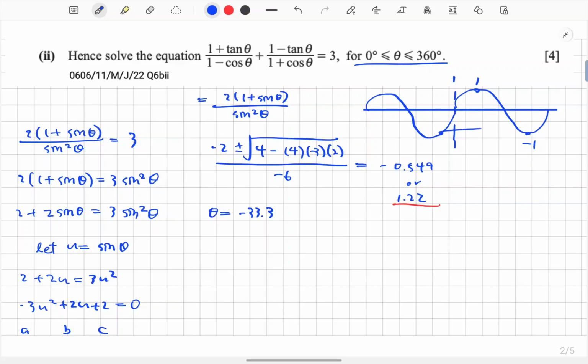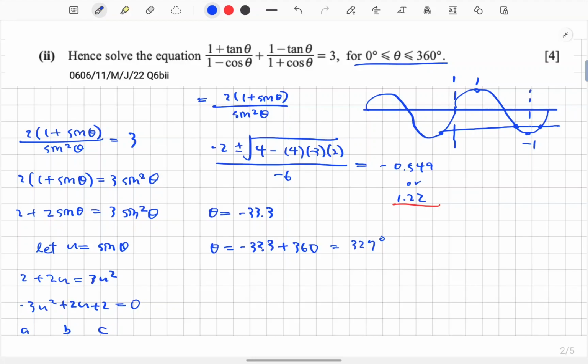And by adding one period, which is 360 degrees in this case, we can see that there are another two intersections for this line. So our first intersection will be negative 33.3 plus 360, which is 327 degrees.